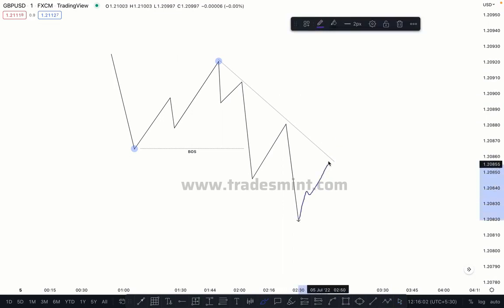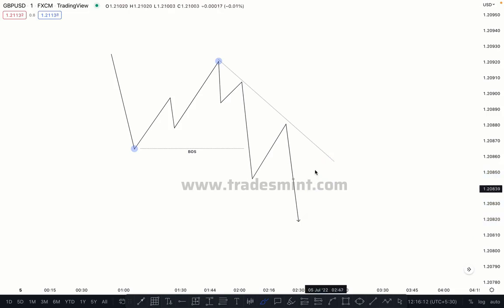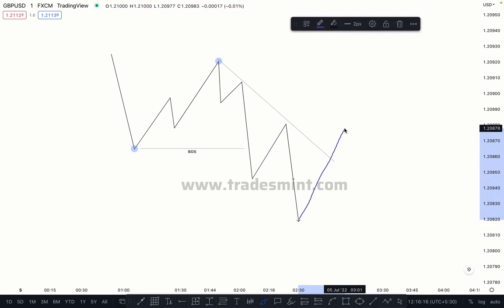They are expecting price to tap here another time and go down because market momentum is bearish. But another type of trader trades based on a trend line breakout. The market broke the structure, so they expect to buy on this trend line, correct? And they expect price to go upside as a reversal.